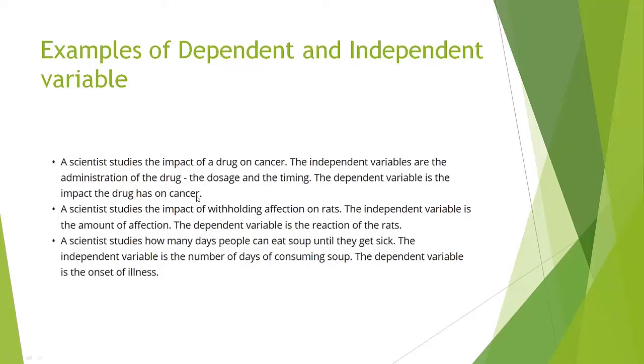You can call it response of the patient to the treatment or something like that. So that is dependent. The third example is how many days people can eat soup until they get sick. The independent variable is the number of days of consuming soup. The dependent variable is the onset of illness. Just some little examples I've put here.